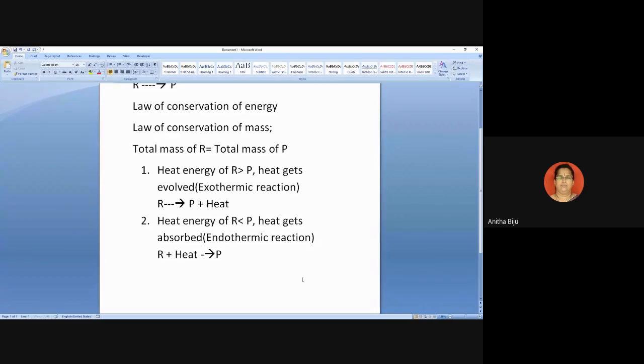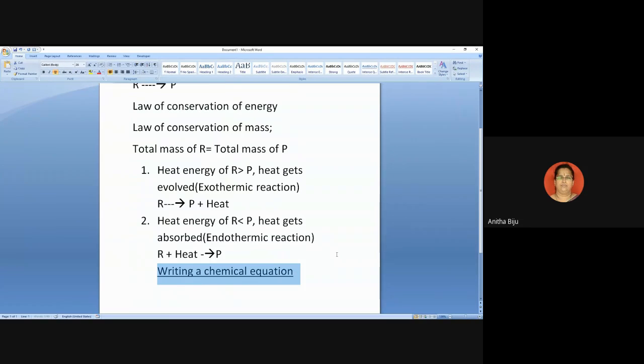So let us think about the next topic that we have already started, isn't it? Writing a chemical equation, that is the next topic. How to write a chemical reaction. What is a chemical equation?